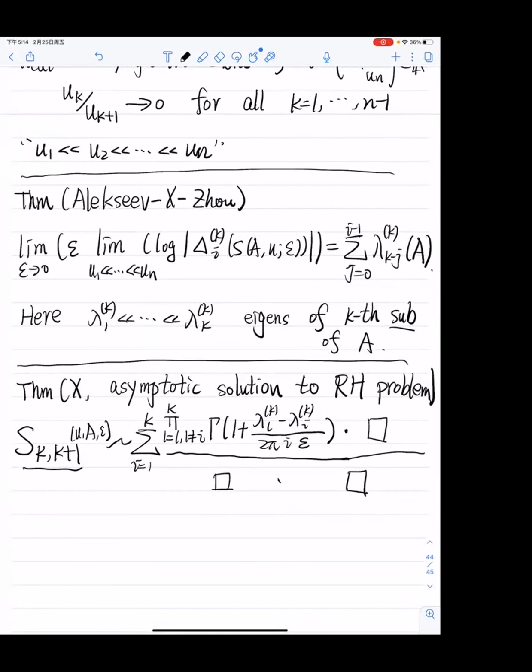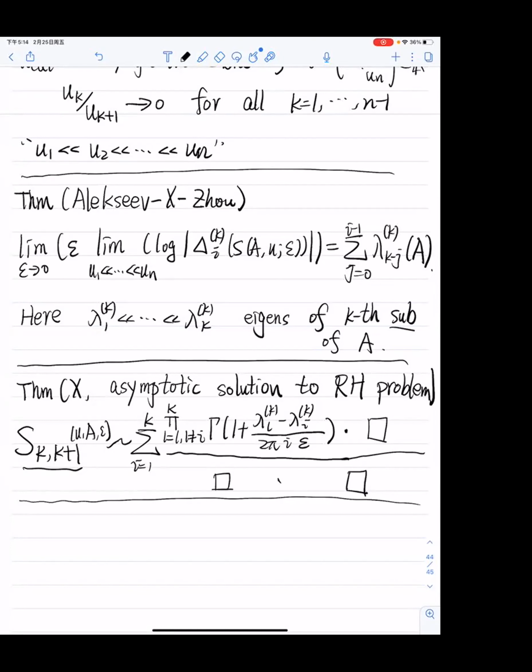And recall that these lambdas are the eigenvalues of the sub-principal matrix of A. And just as in the 2x2 case, if you know the asymptotic solutions to the Riemann-Hilbert problem, you can easily compute the leading asymptotics using the asymptotics of gamma functions, which gives you the theorem above.